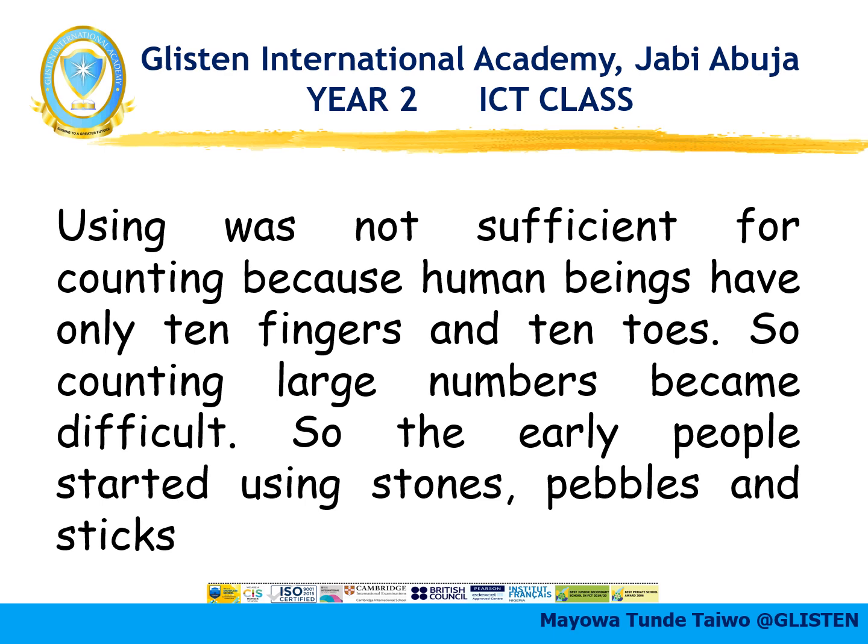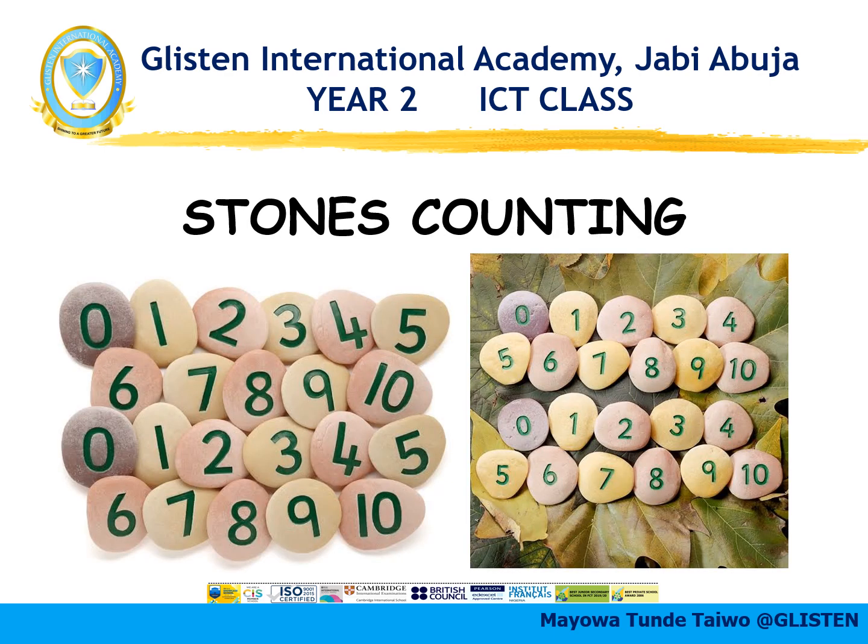Let us take a look at the picture. This is stone counting. I know some of you have been using this stone counting before now in year 1. You just drop the stone and count the number of belongings or properties that you have. So we have 1 to 10, another 1 to 10.